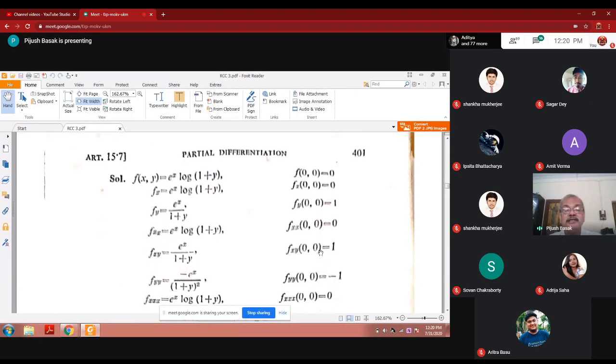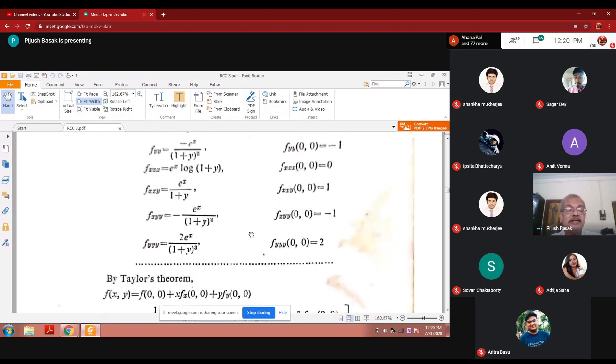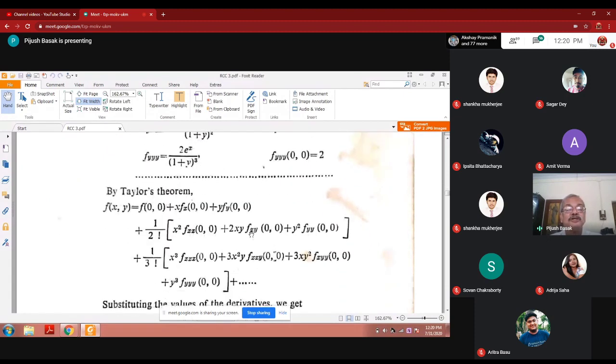This way you find out each term and substitute in the Taylor's expansion. f(x,y) is f(0,0) plus x fx(0,0) and so on. They have considered the third derivative in this problem. In the earlier problem, the second derivative was the last, but here the third derivative is also given.